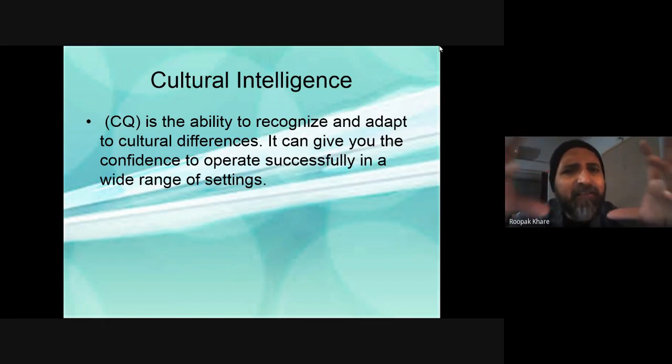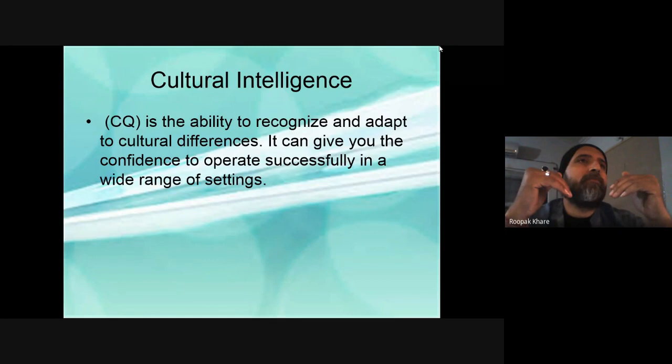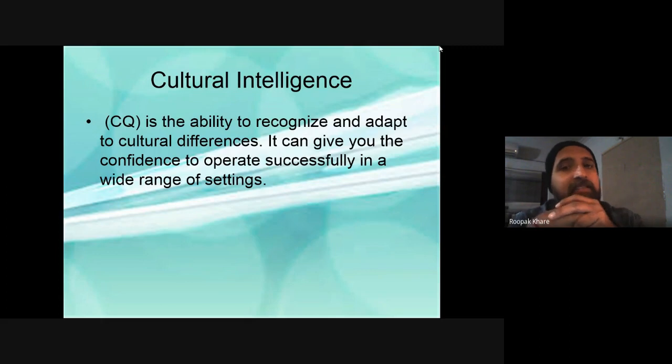That's it. The flexibility of connecting in cross cultural situations is what you call the cultural intelligence. It can give you the confidence to operate successfully in a wide range of settings. Yeah, CQ.